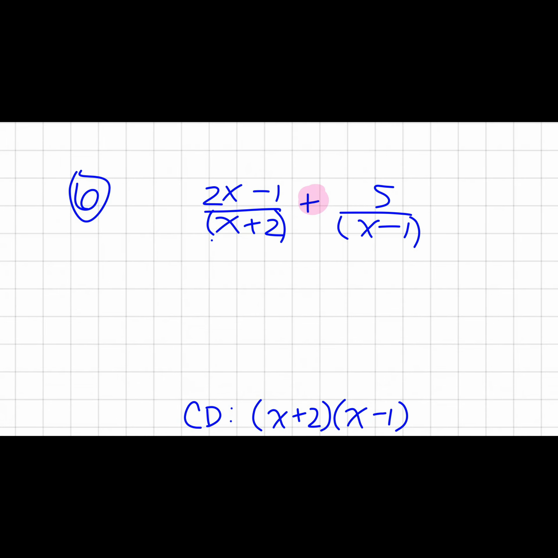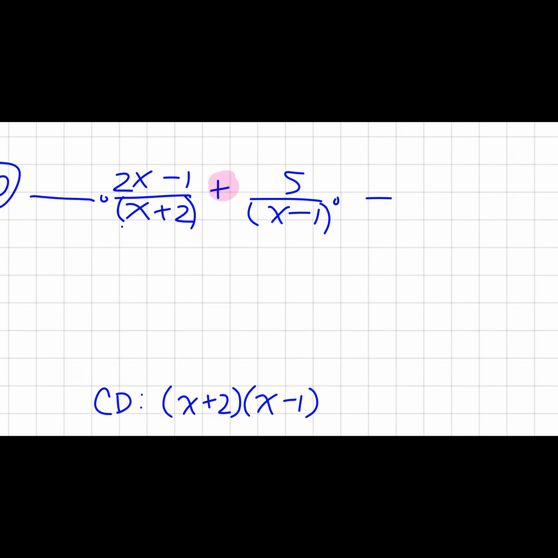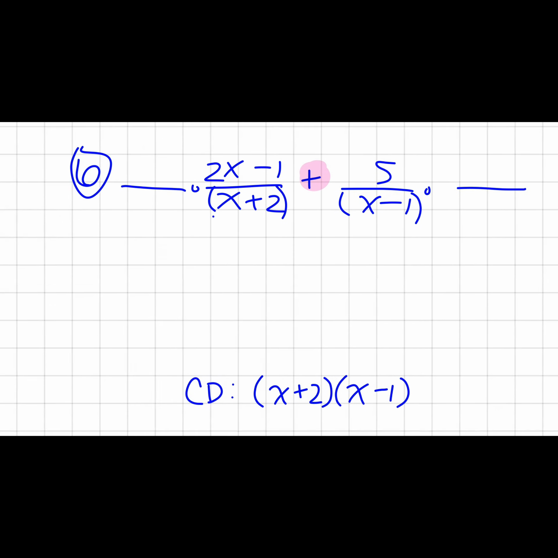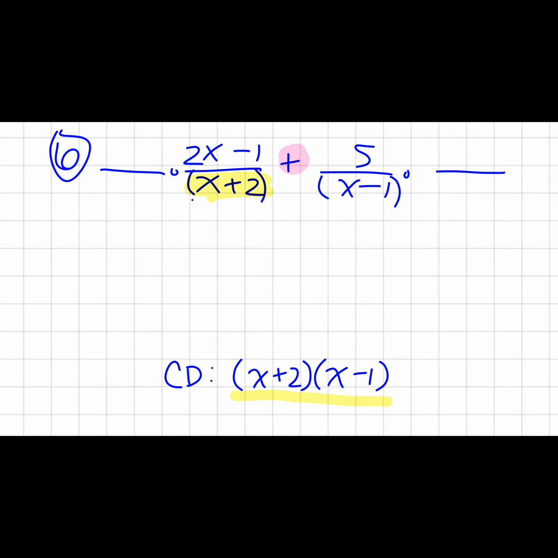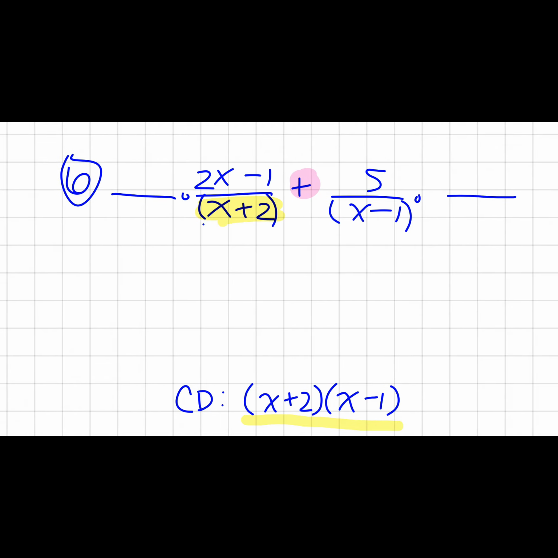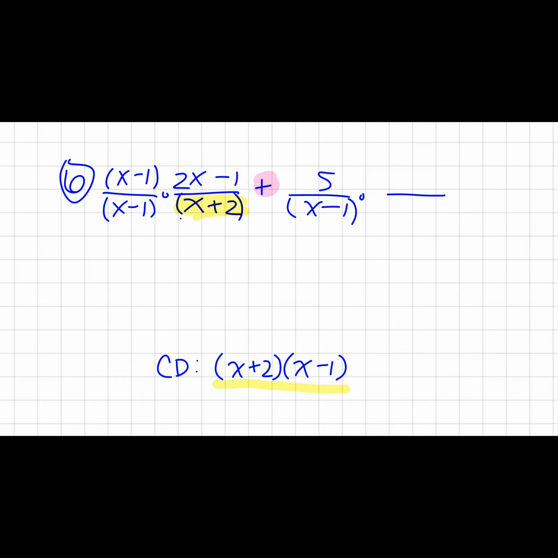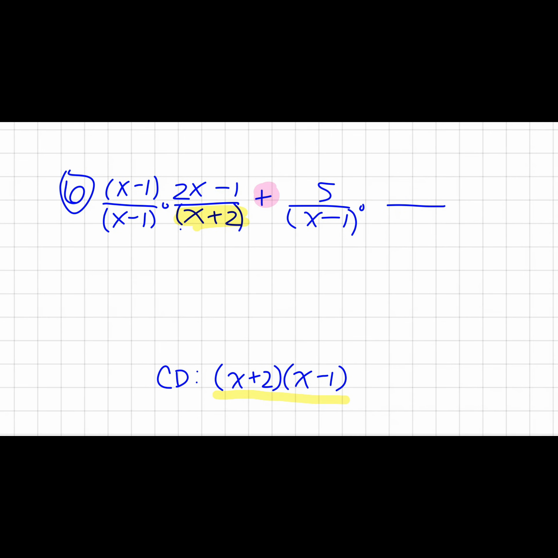So now, what do I multiply by these fractions so they actually have the common denominator? My first fraction just has x plus 2, but I want it to have x plus 2 and x minus 1. So I need to multiply by x minus 1 so that it will match. On the top, I'm going to FOIL this out.